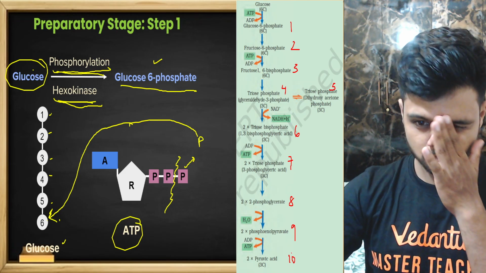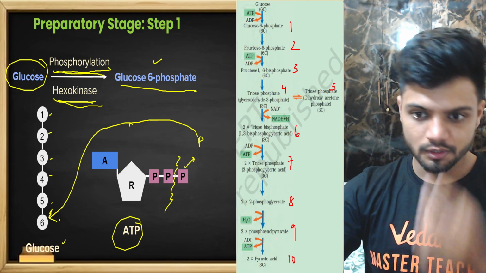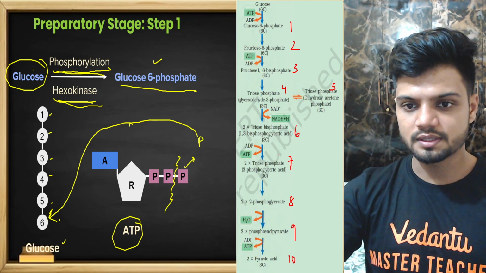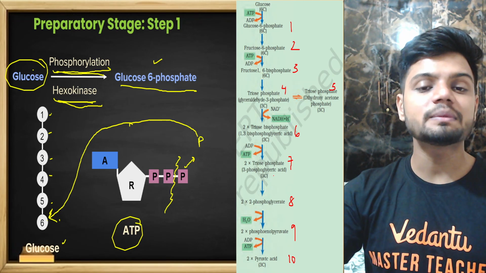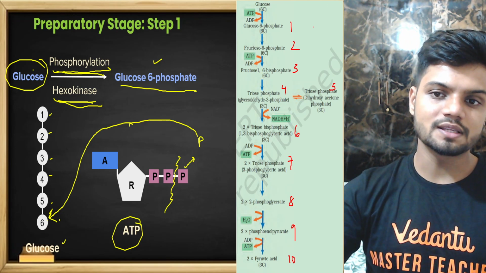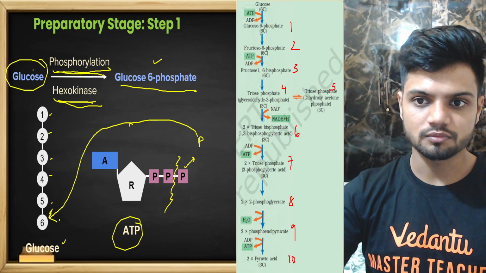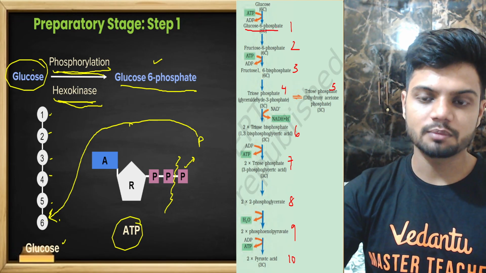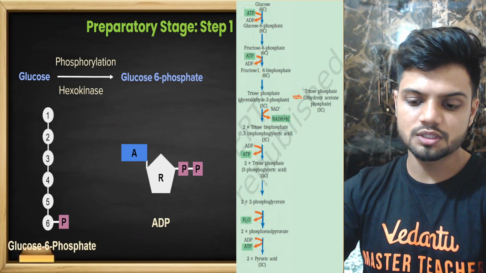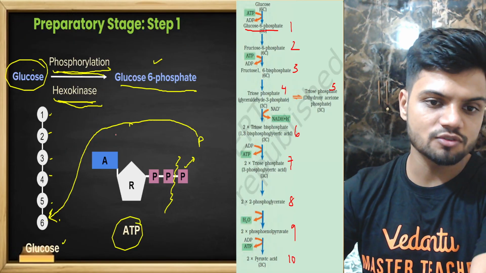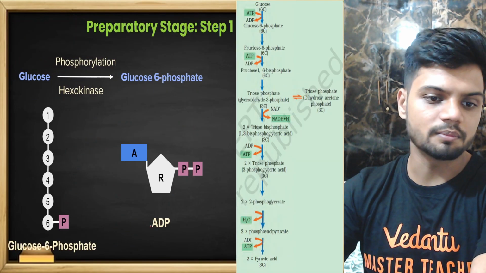This is the 10th step. This is the 7th step. So if I ask you in which step ATP is being consumed, you are supposed to say the first step, for now. Later we'll add. First step ATP is being consumed here. Now this glucose 6 phosphate we have. Obviously ATP is consumed, it will become ADP.